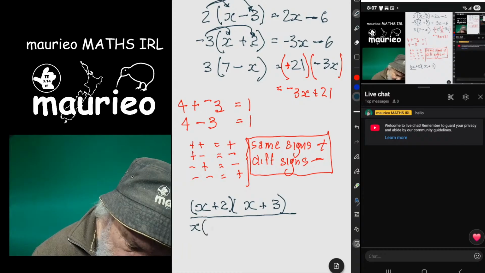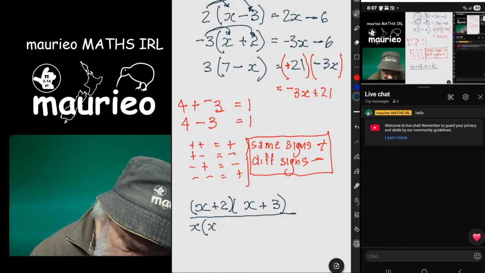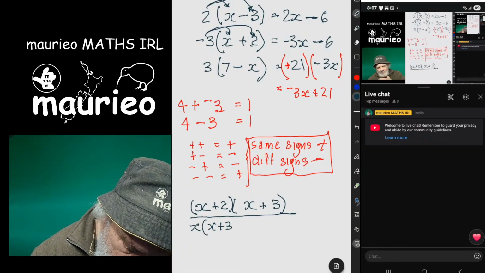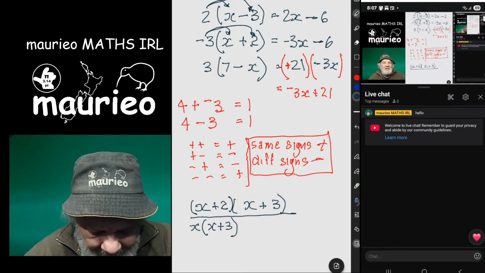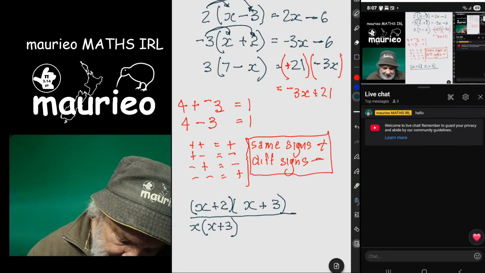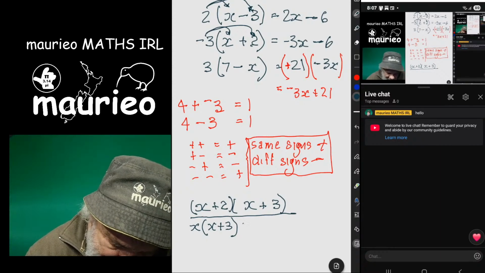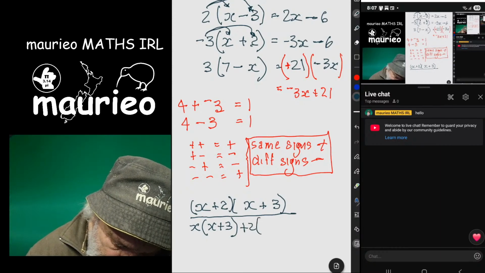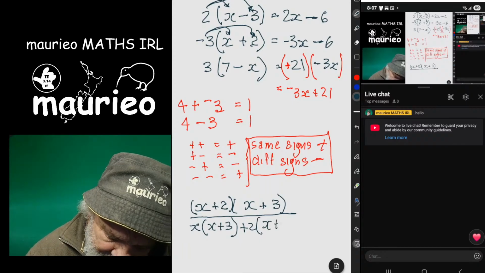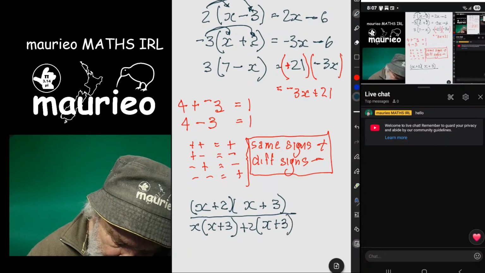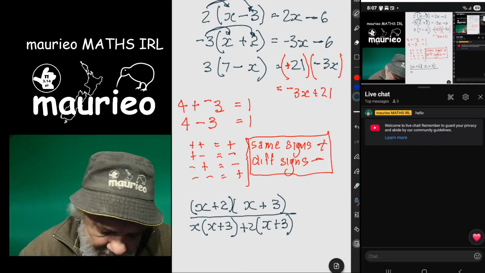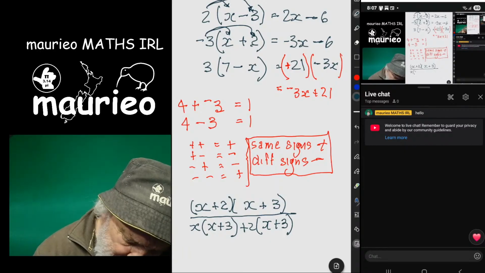So we have x times x plus 3, and you write down the plus 2 as well, then you work them all out.